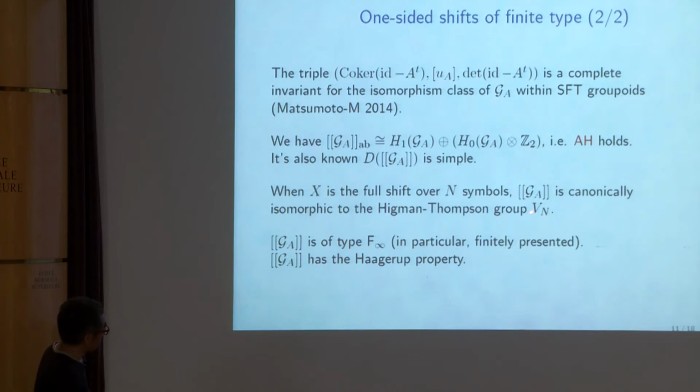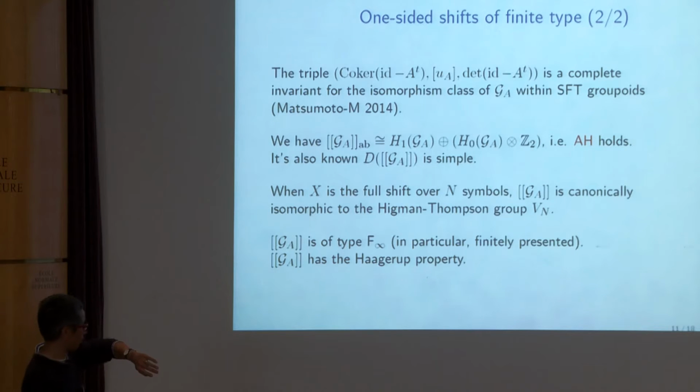And in the same way as for the Higman-Thompson group V_n, I can show this topological full group is of type F infinity, in particular finitely presented. And moreover, it has the Haagerup property. And clearly, this group contains a free group, so it's not amenable. But it's amenable in a weak sense.